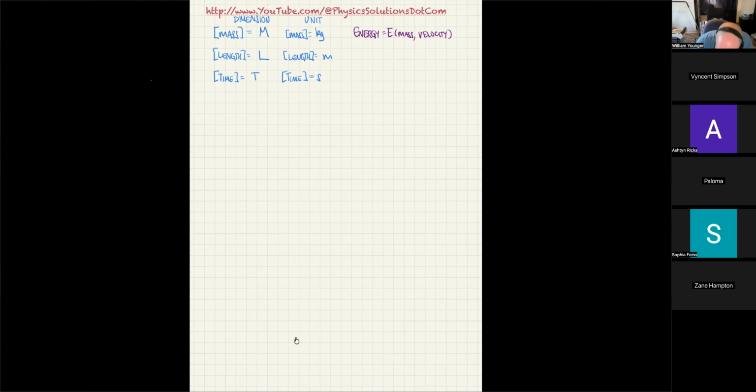So, what is a plausible equation for energy based on mass and velocity?